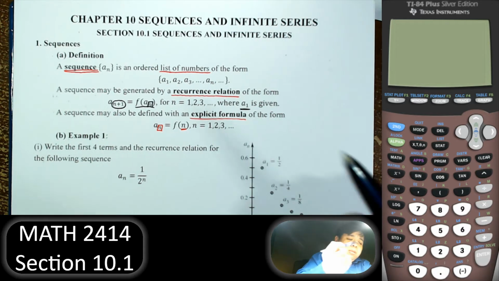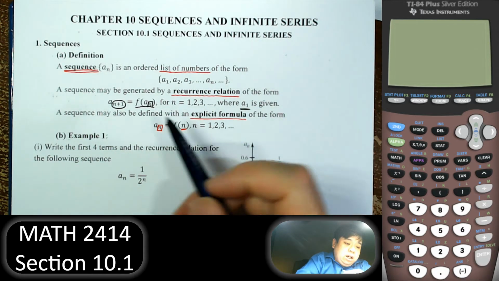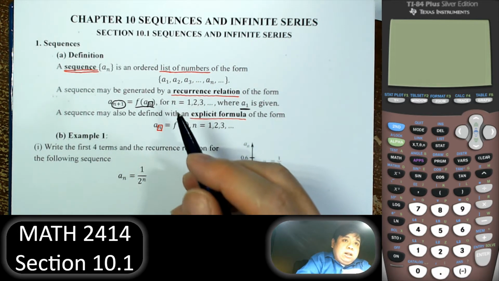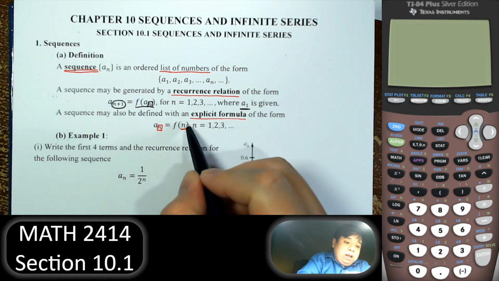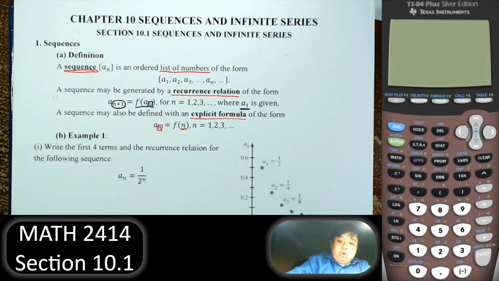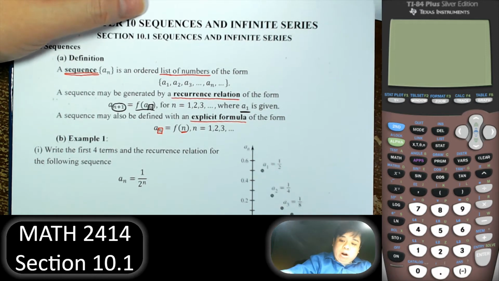So another way to define a sequence is that it is a function whose domain is natural numbers. I will write that too.